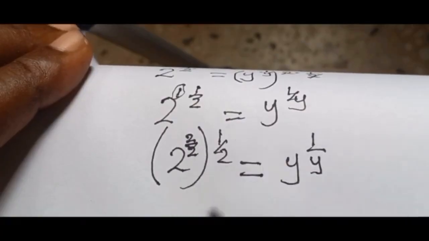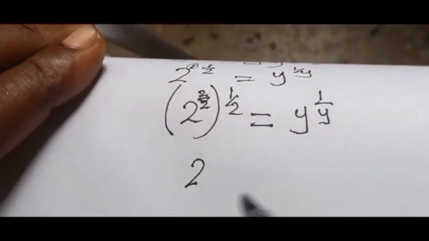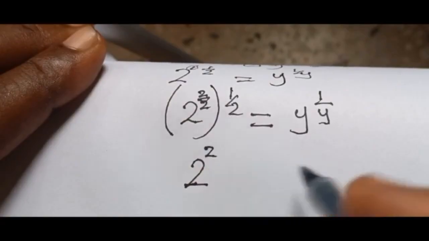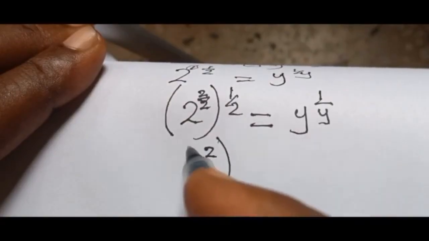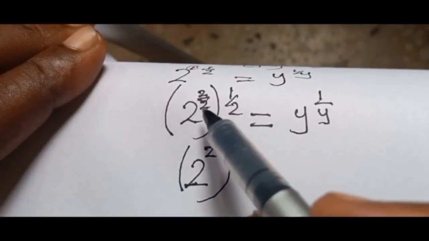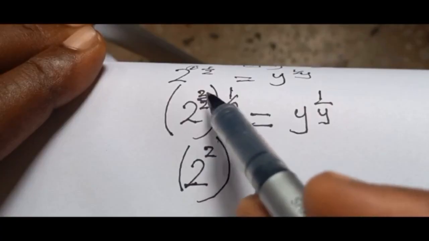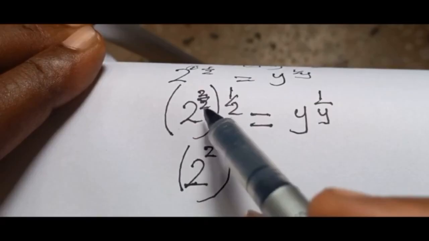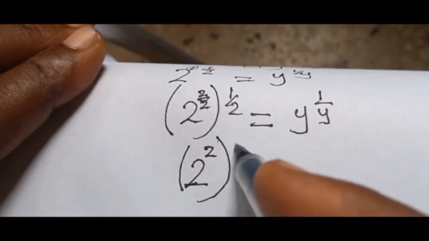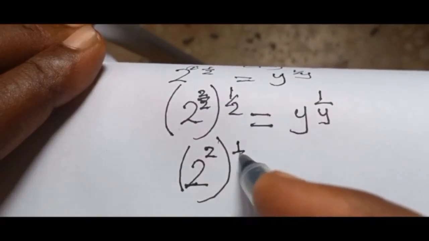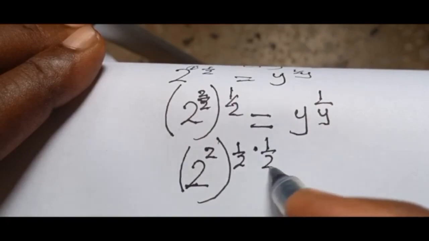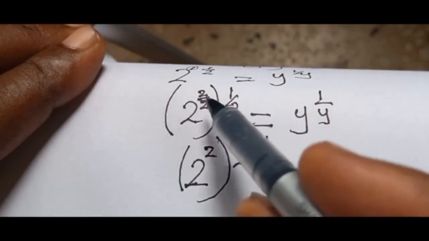Here we can write 2 power 2 in the bracket. We have taken the 2 which is above, that's this one. So here we remain with 1 over 2, so we have 1 over 2 times 1 over 2, which is this one.